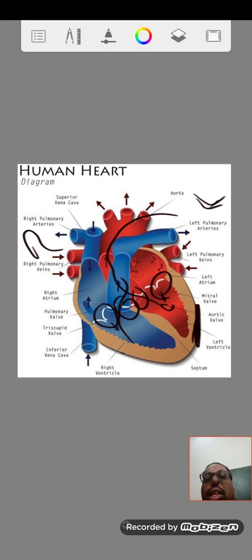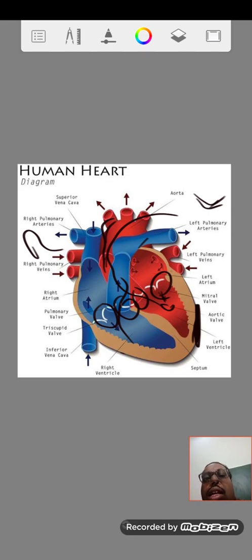Another thing you have to understand is the chamber. Inside the heart the pressure is very high whenever the heart is pumping. In order to maintain that pressure, there is a big vessel here, known as the aorta.